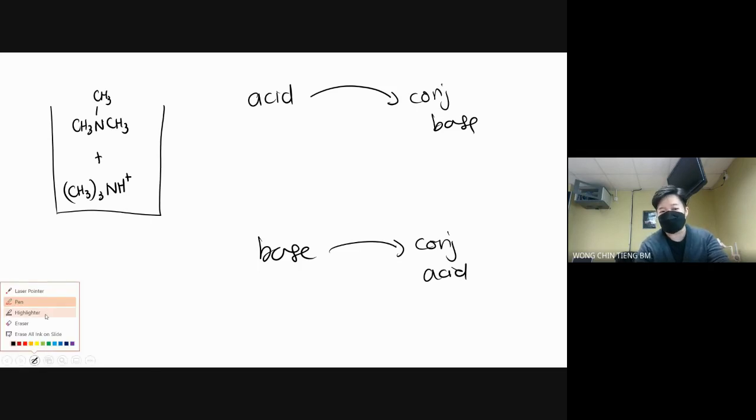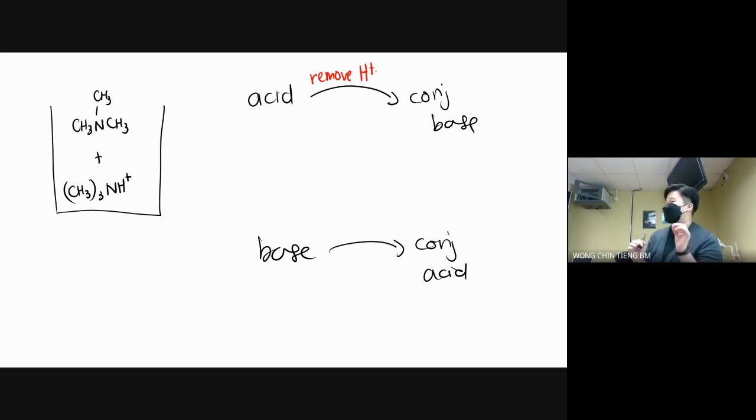Dan cara yang paling senang tengok adalah tengok hydrogen. Tengok H positif. Kalau acid dia kena remove satu H plus, tak semestinya satu jujur, tapi syllabus kita banyak bermain dengan satu. Alright, sebab tu saya tak pernah letak nombor lah. So, your acid must remove hydrogen to form the conjugate base. Vice versa, your base need to accept hydrogen positive to become conjugate acid.